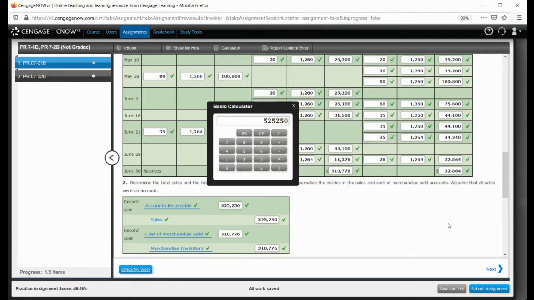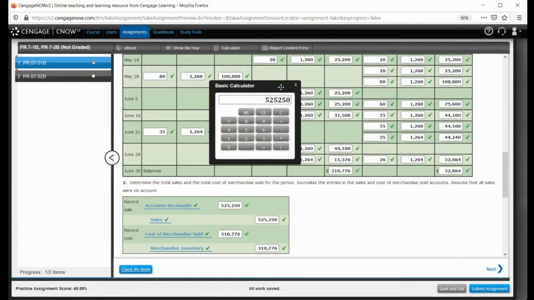And I'm going to check my work there. So as you can see in this transaction, every time you make a sale, your accounts receivable went up and your sales went up. This was the total sales for the 3-month period. Our cost of merchandise sold went up because it's an expense account, and the amount of the merchandise sold comes from that cost card.